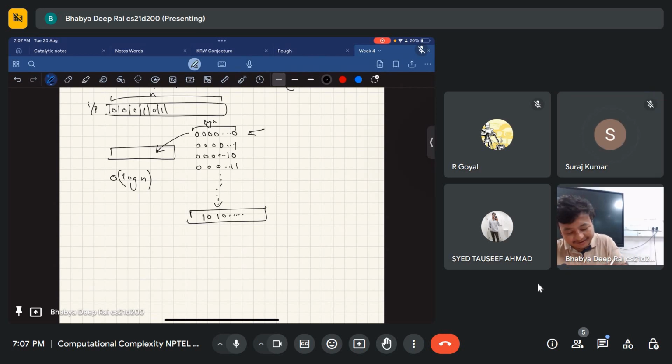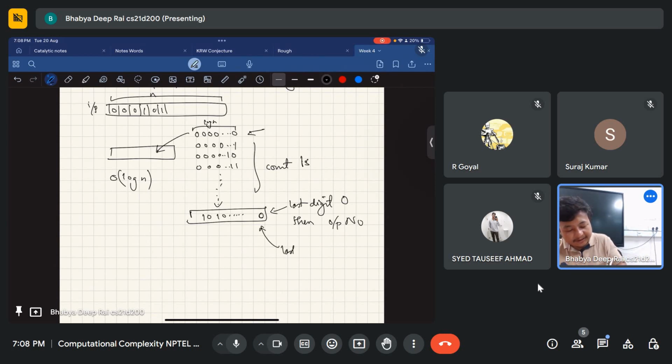If the last digit is 0, then output no, because you need an odd number of ones, and if the last digit is 1, then output yes.